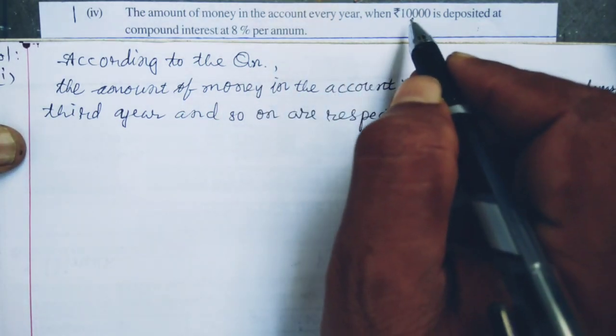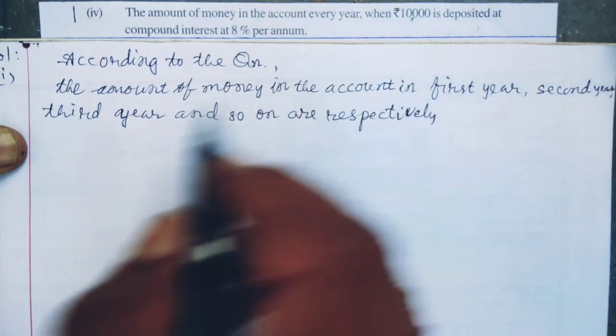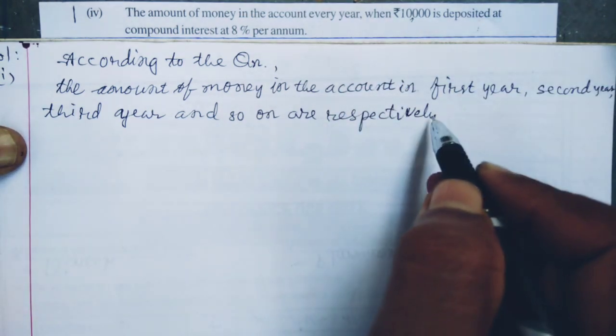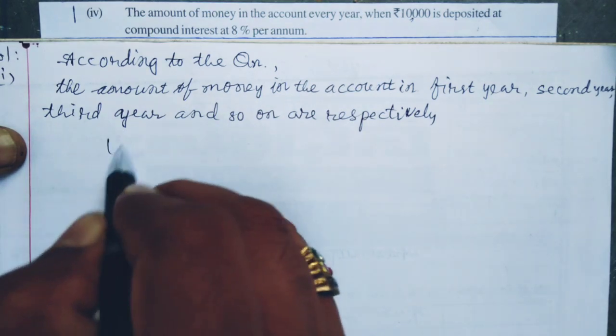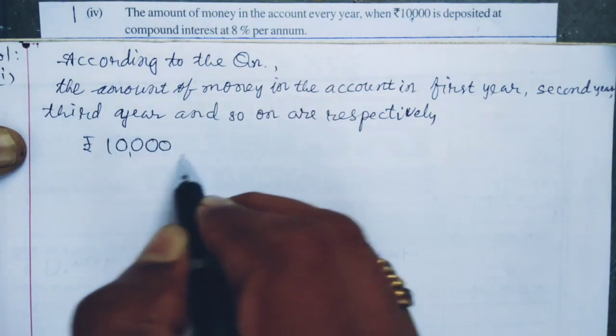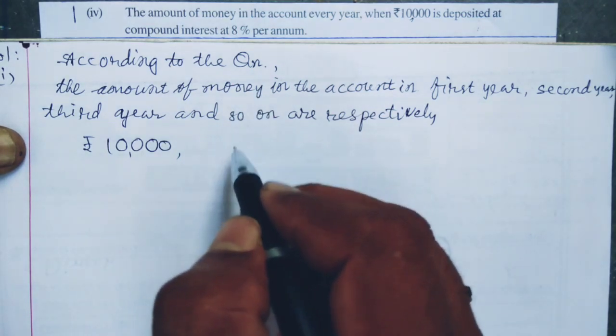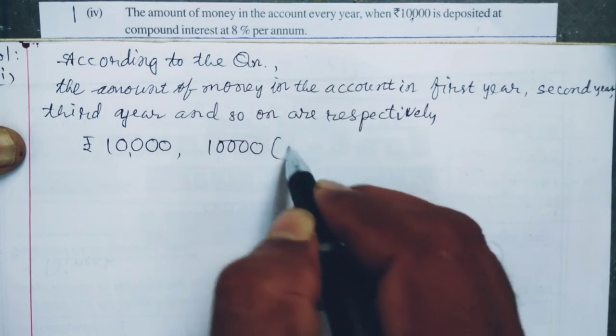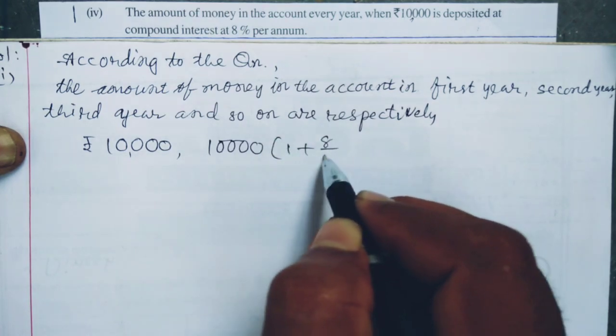first 10,000 rupees. Next 10,000 into 1 plus 8 by 100.